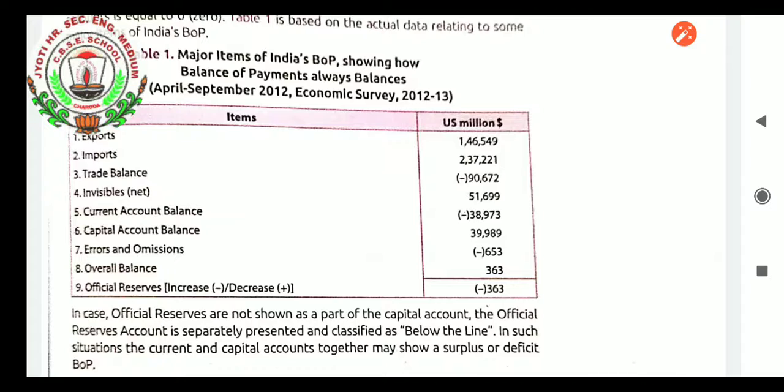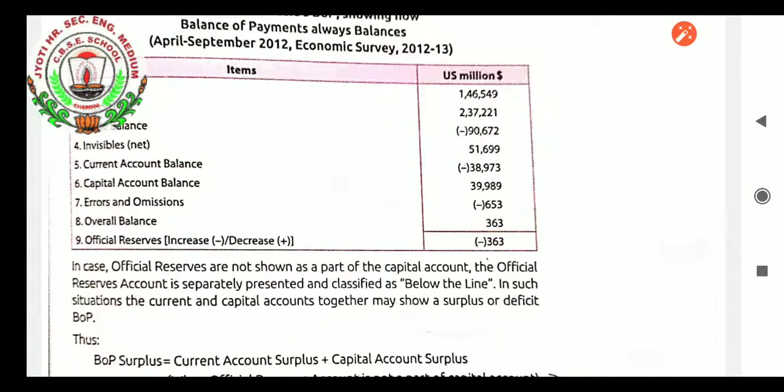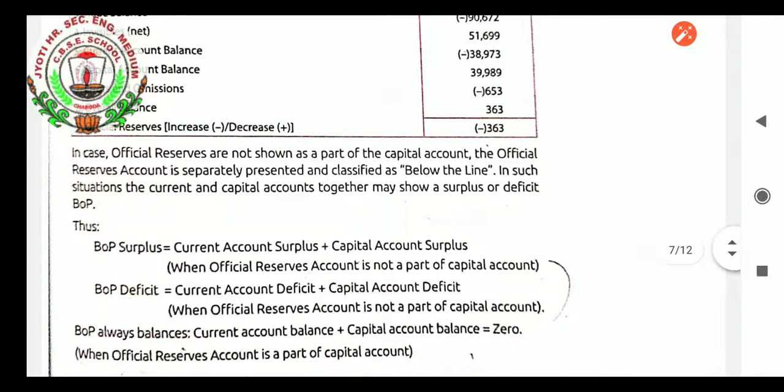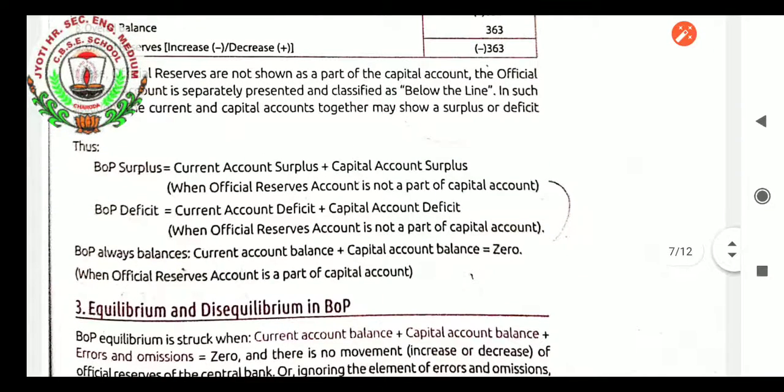In case official reserves are not shown as a part of the capital account, the official reserve account is separately presented and classified as below the line. In such a situation, the current and capital account together may show a surplus or deficit BOP. We have already learned BOP surplus: current account surplus plus capital account surplus shows a BOP surplus when the official reserve account is not a part of the capital account.